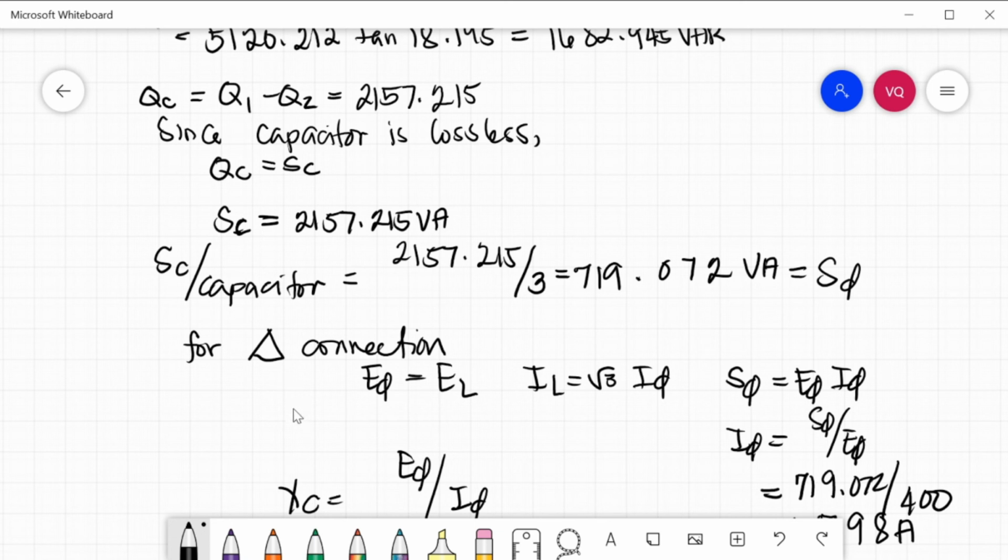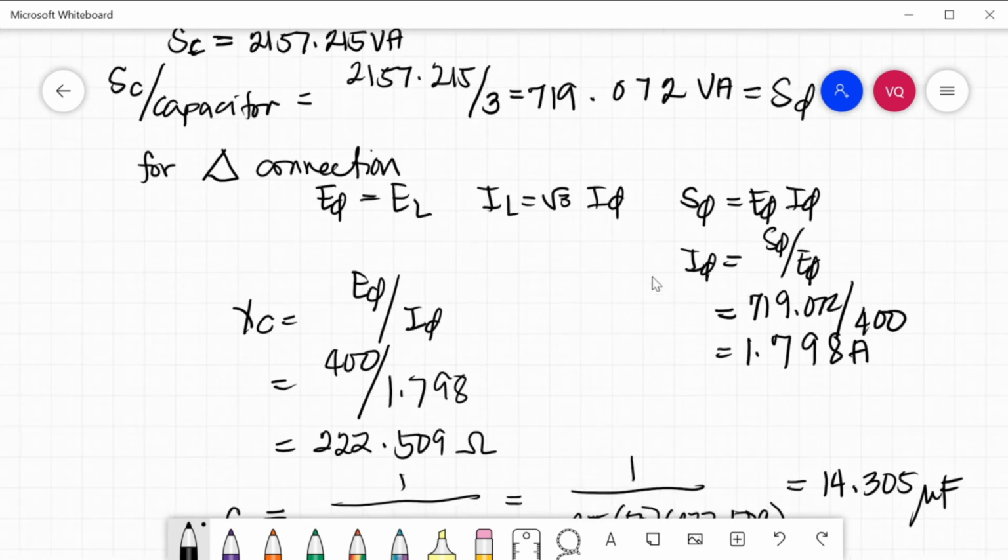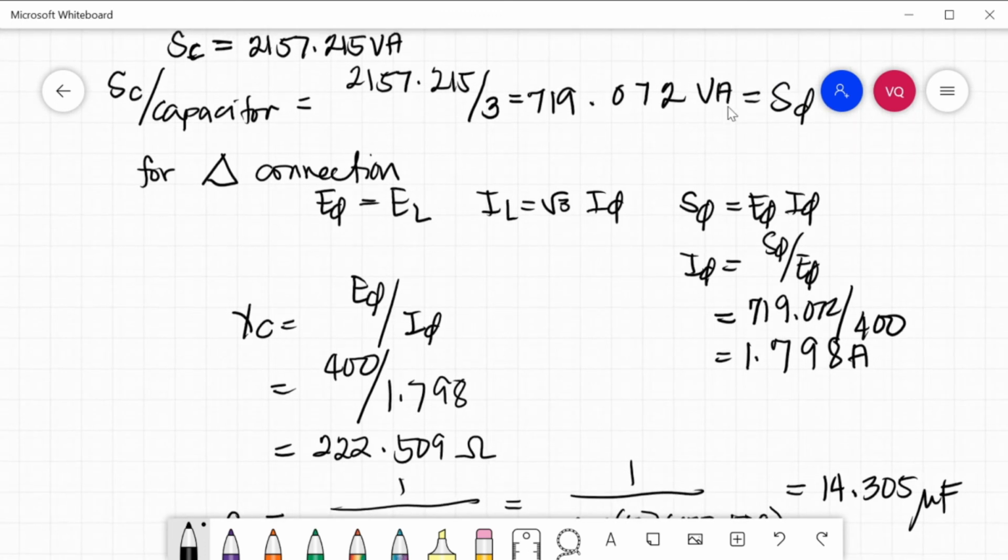So for delta connection, we connect the capacitor in delta, and we know that the phase voltage is equal to line voltage and line current is equal to square root of 3 I phase. From the per phase value of our apparent power, we can calculate the per phase current.